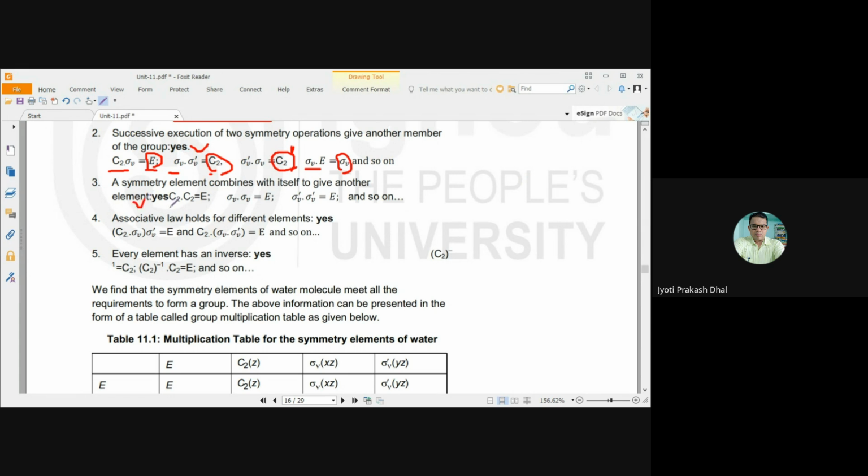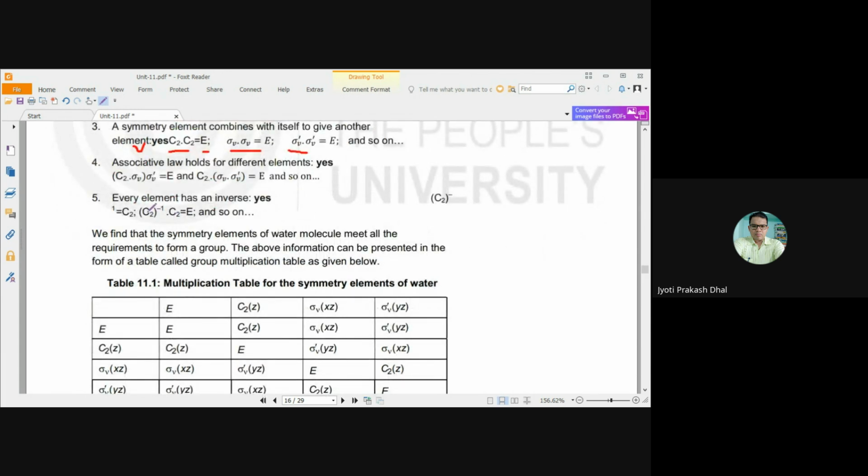That means C2 combined with itself, C2 dot C2, is E; sigma v dot sigma v is E; sigma v dash dot sigma v dash is E. And the fourth point, the associative law, holds for the different elements: yes.